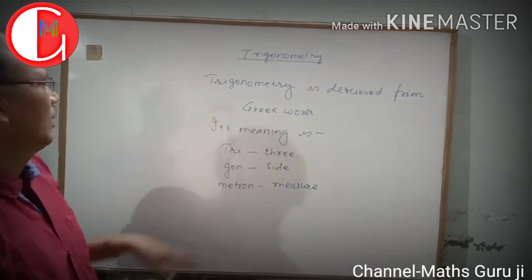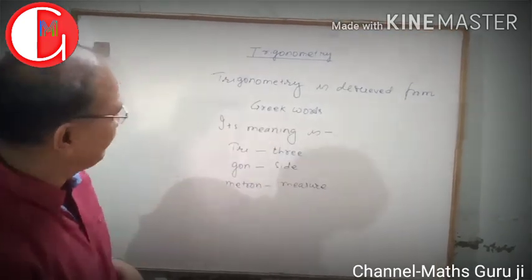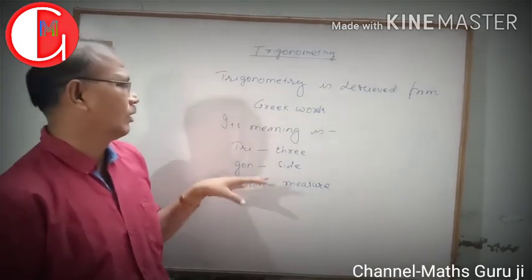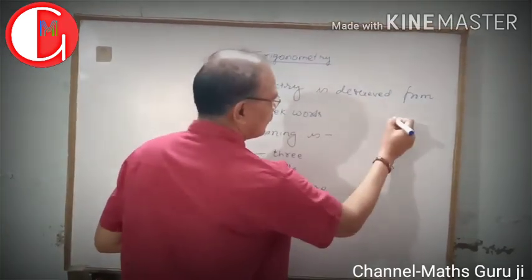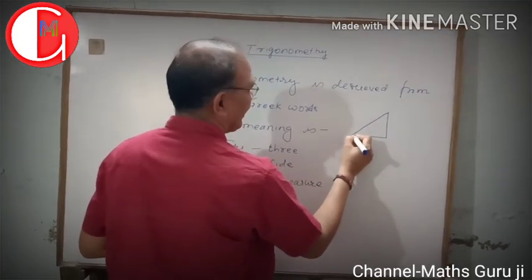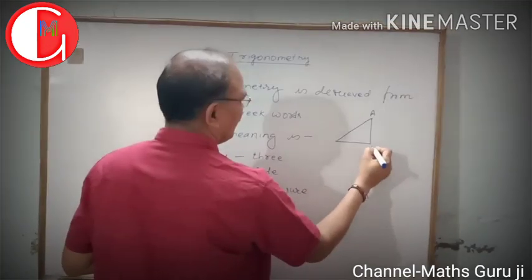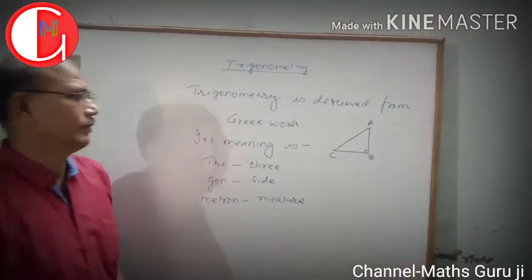So in this chapter we shall know about the measurement of all the sides of a right angle triangle. We shall talk about only right angle triangle.